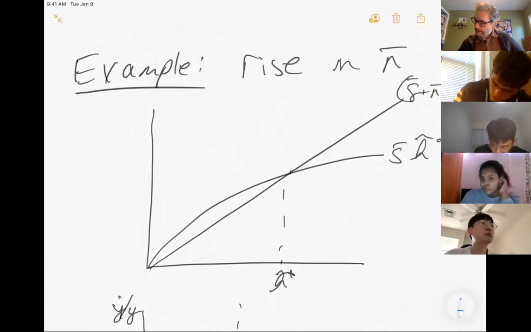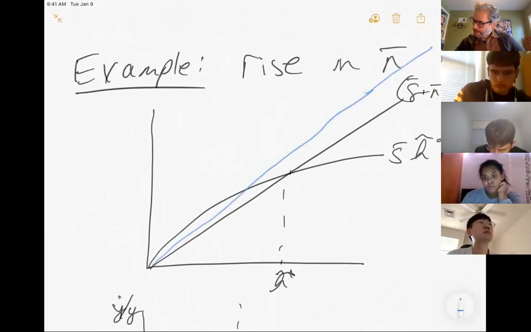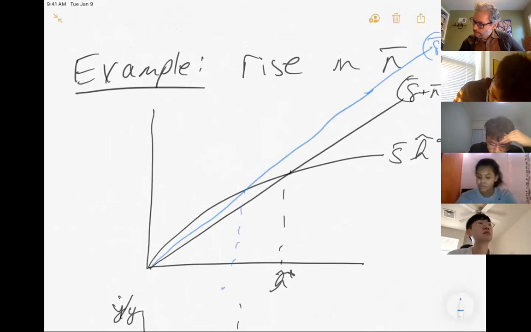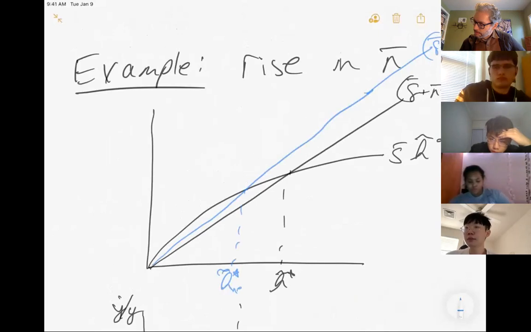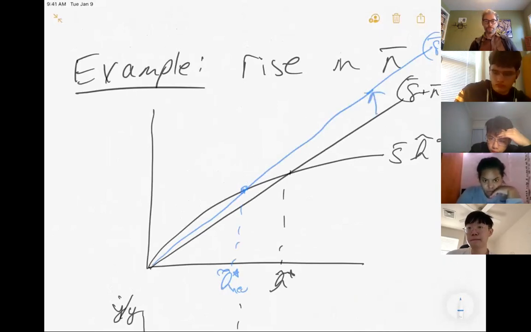An increase in N shifts this curve in this direction. And we have a new balanced growth path. Notice that this new balanced growth path is lower than the one before.